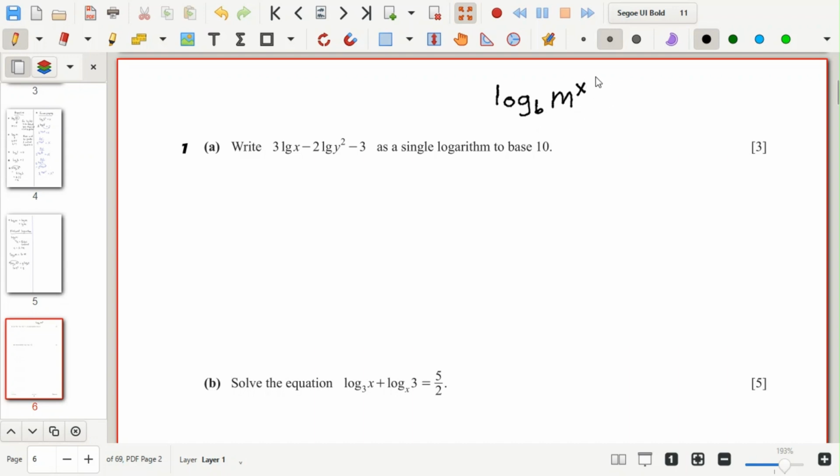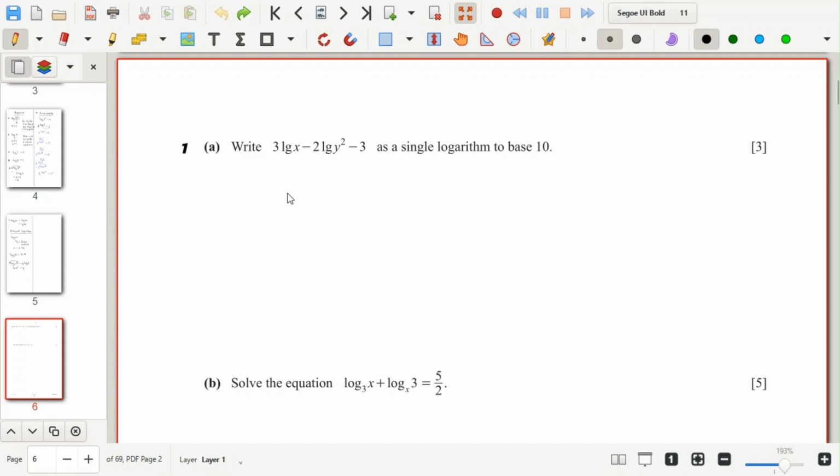So here you have just a single log expression. So when you are being told to convert to a single logarithm, that's what they mean. They just want a single expression for your argument, basically.